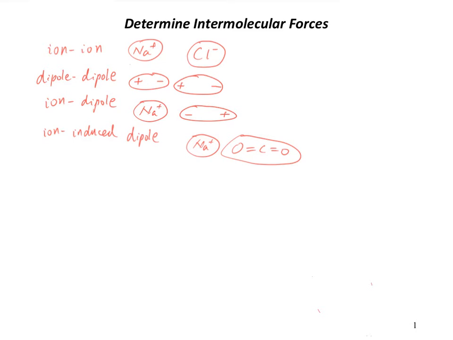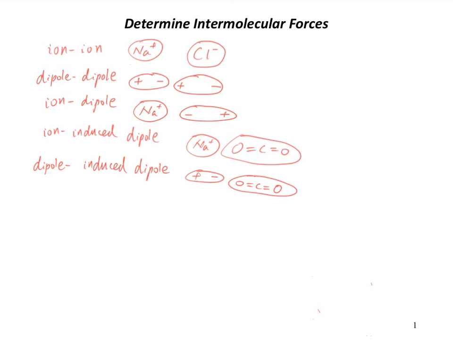Okay? Then after ion-induced dipole, a dipole can also induce a dipole moment in other molecules. So if we have a dipole moment in a polar molecule placed close to a nonpolar molecule, the dipole moment can also induce a dipole in this nonpolar molecule, so that they can interact with each other.